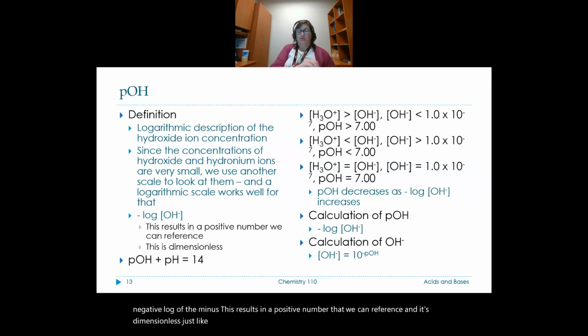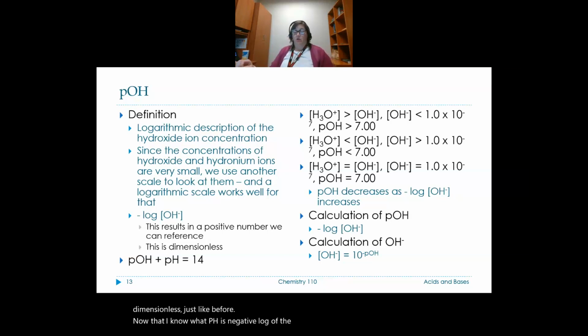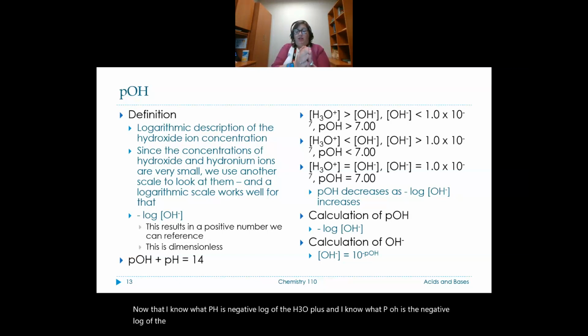Now that I know what pH is, the negative log of the H3O plus, and I know what pOH is, the negative log of the OH minus, and those two multiplied together, the H3O plus times the OH minus, equals Kw, then I can take the negative log of the Kw and get a value for that too. We get 14 if we do that at room temperature, all right?